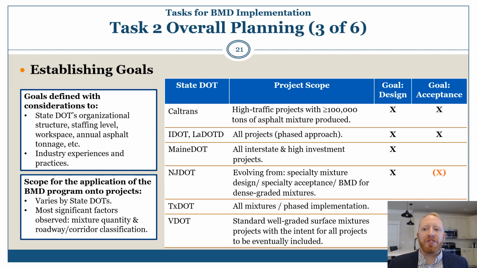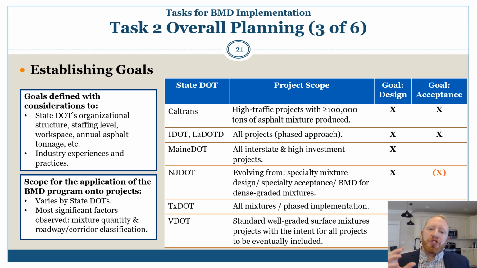Okay, so the goals are defined with considerations for the differences that we have among different agencies across the country. There's different organizational structure, the size of their program, industry experience, certainly things like climate, but even beyond that, how is paving done there? It's done very differently in parts of the country where they have more portable plants versus others where they're more permanent setups.